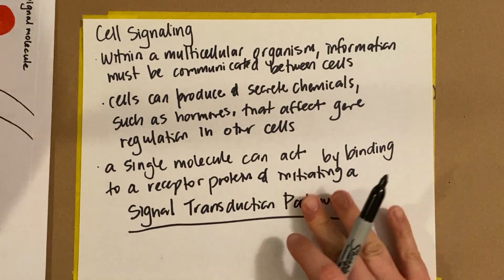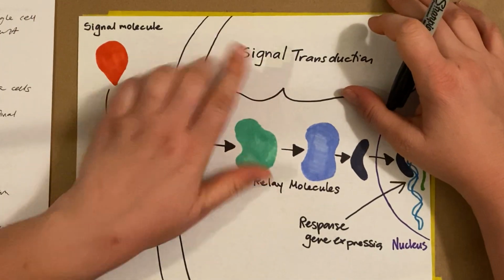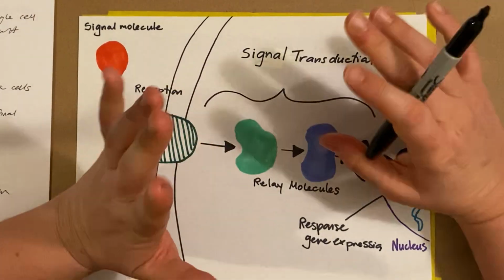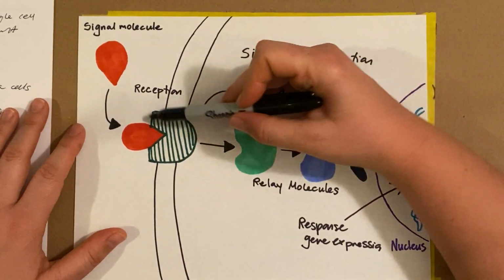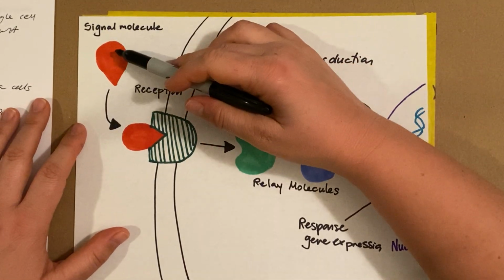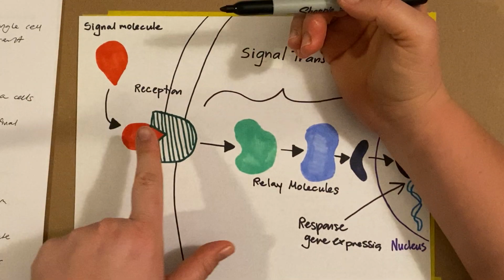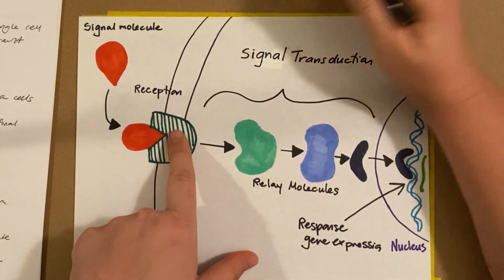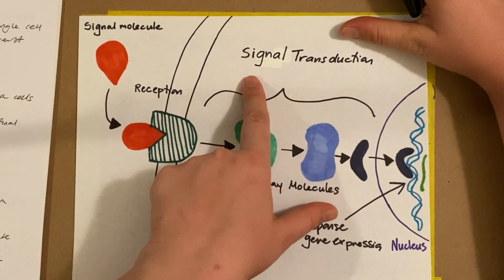So I drew this out before. Okay, so this could be our signal molecule right here. So it could be a hormone, it could be something else. We then, on the surface of the cell, can have a receptor. So the signal molecule will come into the receptor, it will bind to the receptor, and what that will then do is cause this chain of events to happen. We call this chain of events the signal transduction.